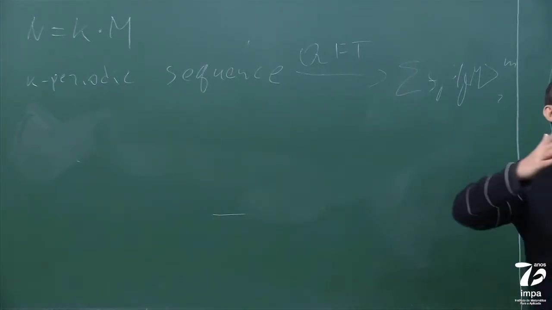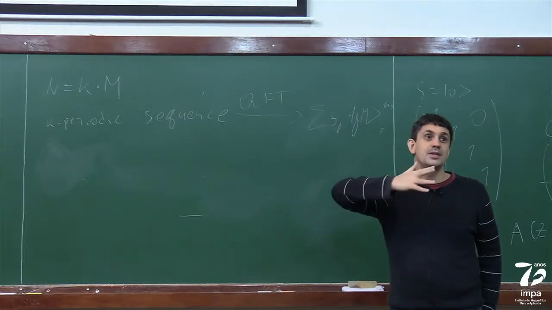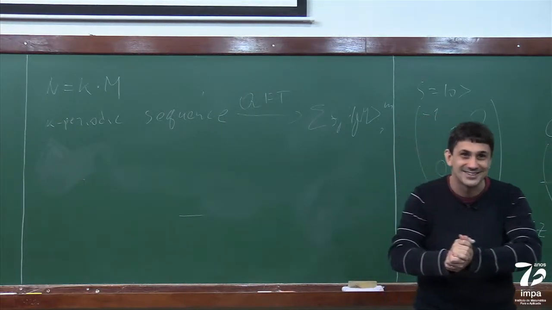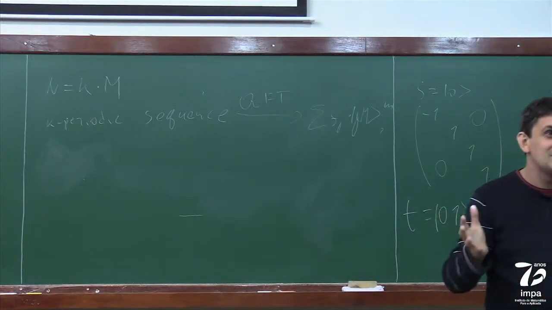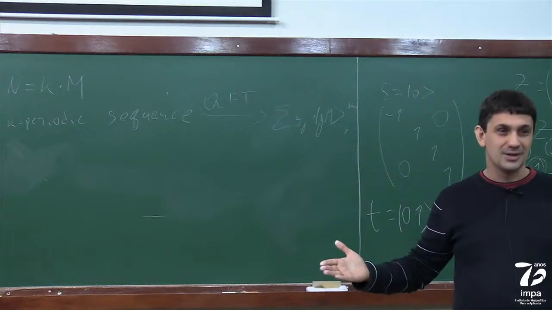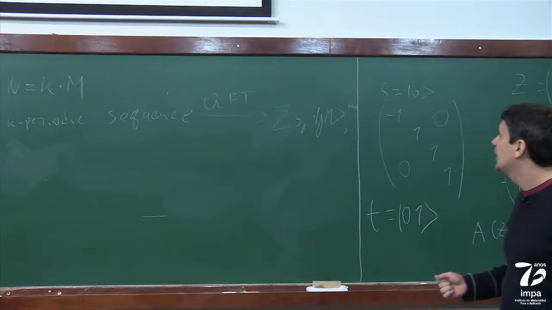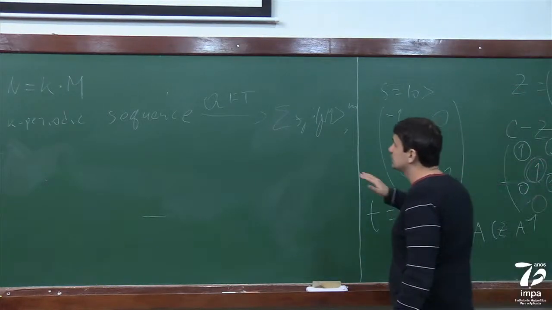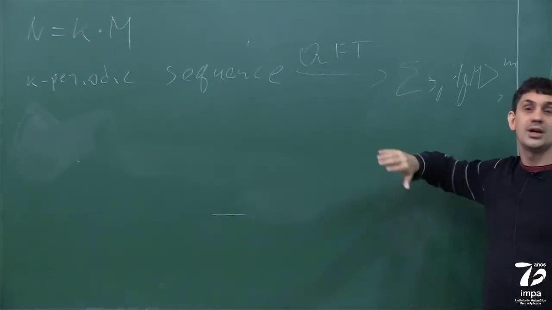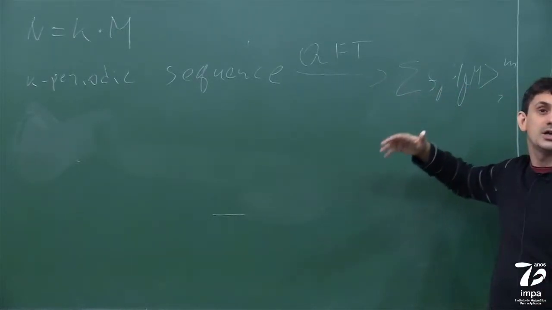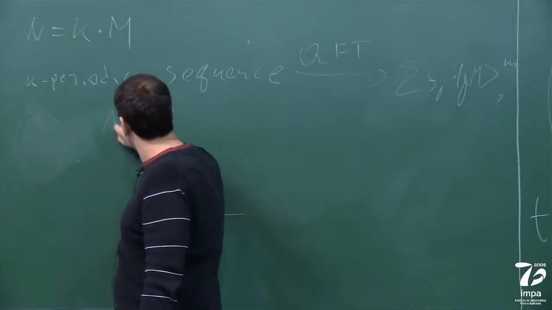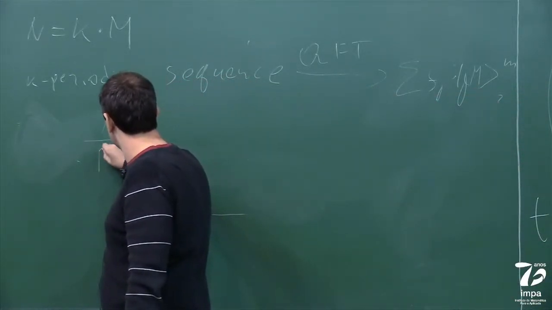They create a periodic sequence by number theory, but now they need to find the period of this sequence, because this is the information which is actually needed to make the factoring. And the way it is done is that they apply the quantum Fourier transform and measure and get something which is most likely capital N over the period.